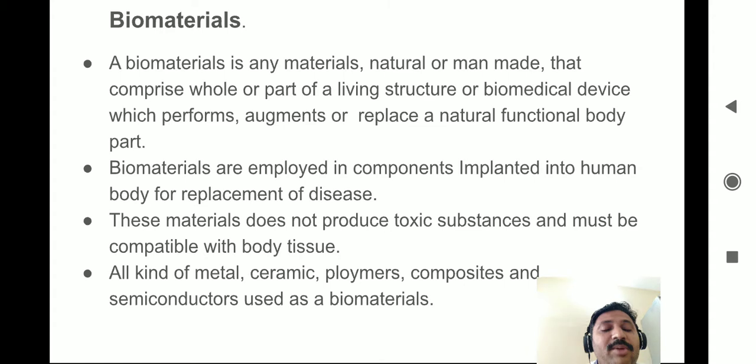So for example, in heart surgery, there is not a replacement, but we can provide stents to support a heart. That material made using a biomaterial, man-made or it may be natural at a number of places, helps the person to work very easily, or replaces a natural function of a body part.